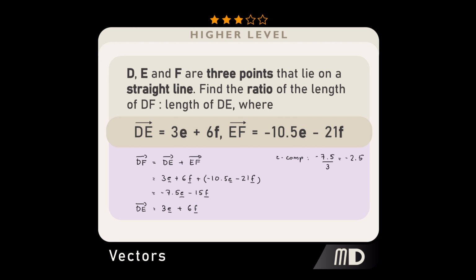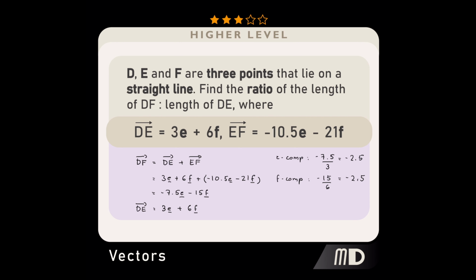Comparing the f components, the f component of DF is minus 15, and the f component of DE is 6. The ratio of the f components is therefore minus 15 divided by 6, which is also equal to minus 2.5.